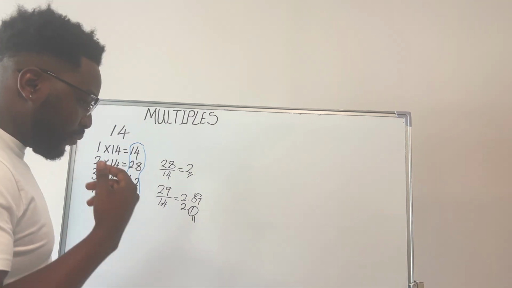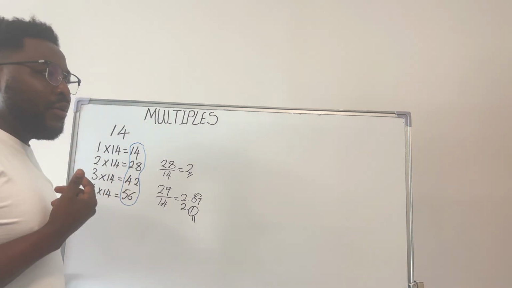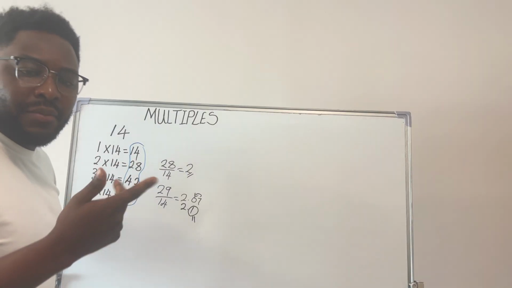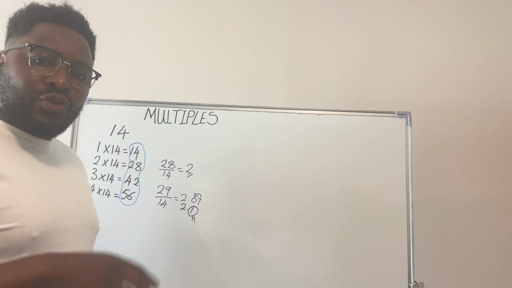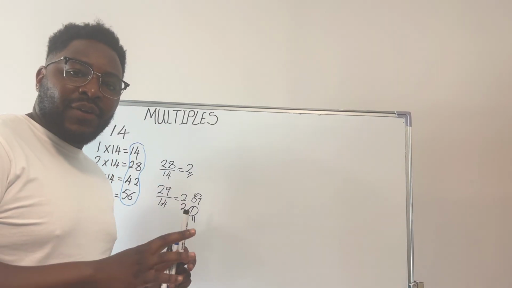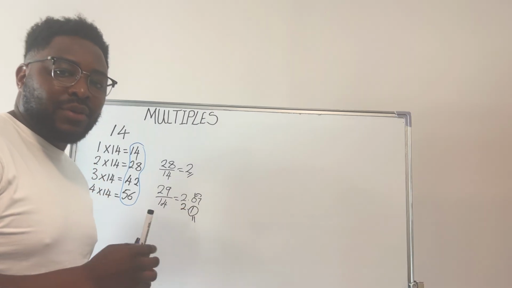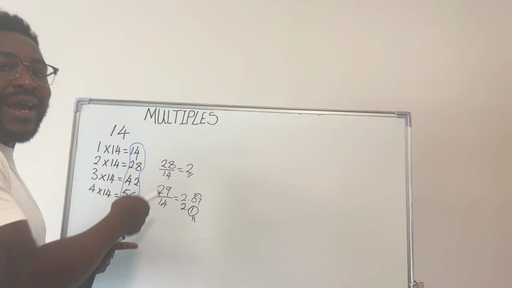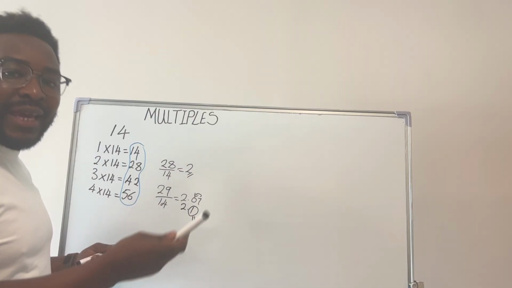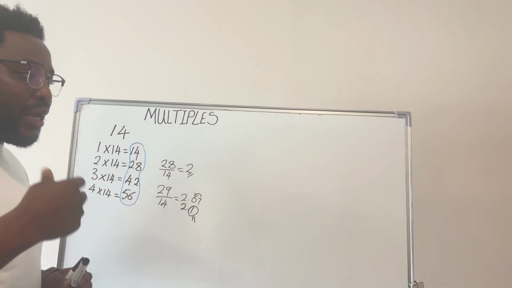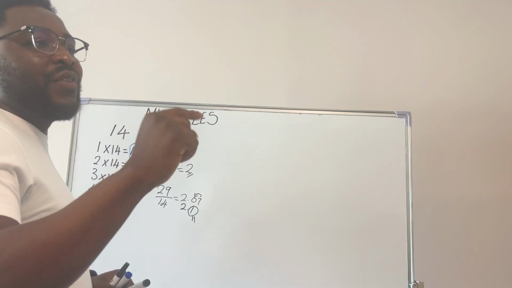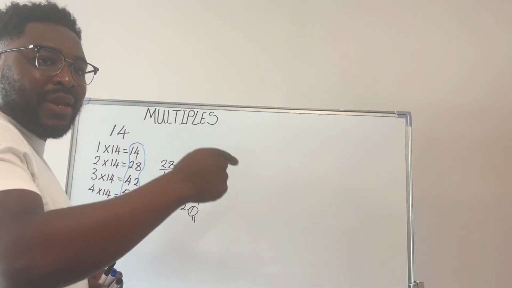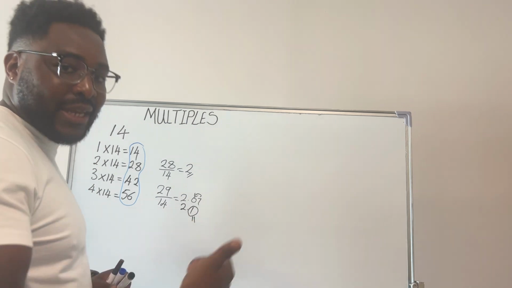Okay, so now, this is not the only way that you can find multiples of a certain number. I'm going to show you another way in which you can find multiples if you don't want to go through this whole process of multiplication. We can also find multiples of a certain number by simply adding the same number again and again.